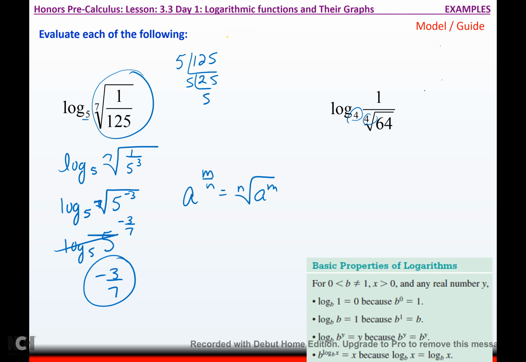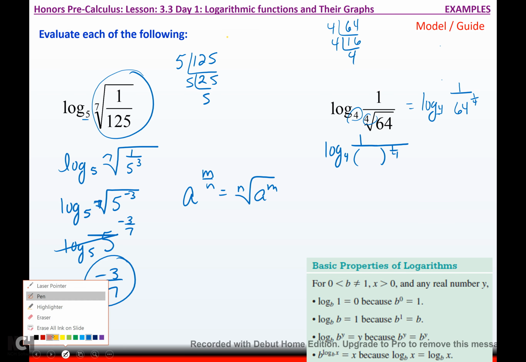Okay. So let's rewrite. I have log base 4 of 1 over 64 to the 1/4. If I break 64 down by 4s, 64 by 4 would be 16, by 4 would be 4, so it's 4 cubed. So would you agree that I could rewrite 64 as 4 cubed?